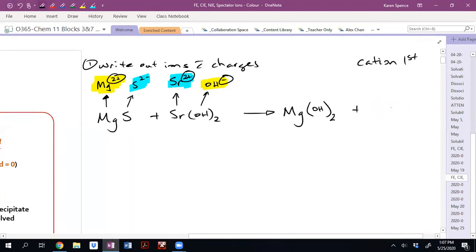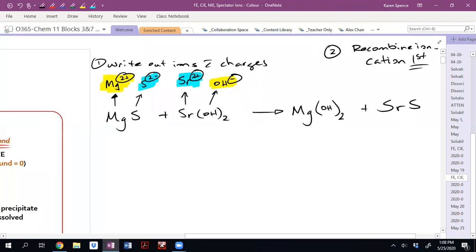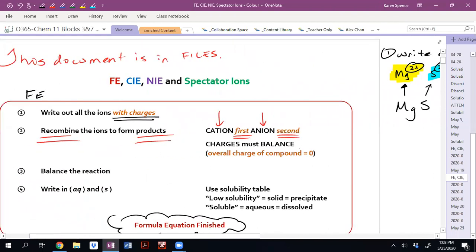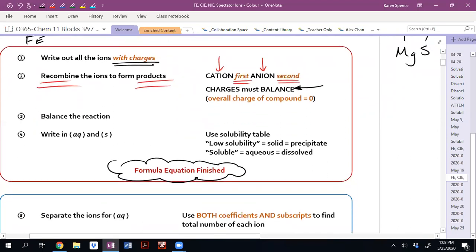Strontium is 2+, S is 2-, so our correct formula is SrS. So second, we recombine our ions, and we make sure the cation is always first and that the charges work out. The charges have to balance. You can't just throw any random number of ions into that.